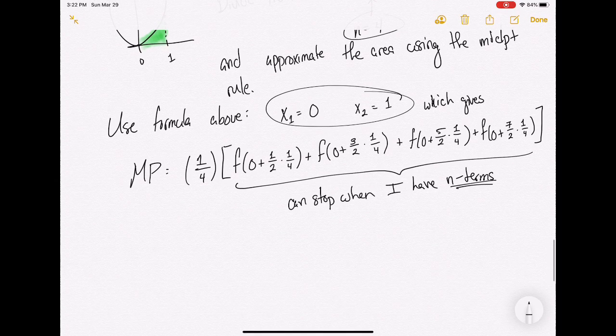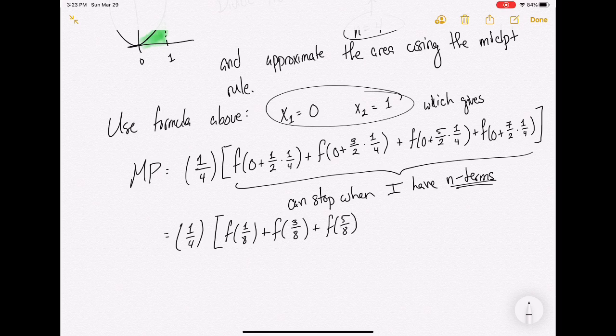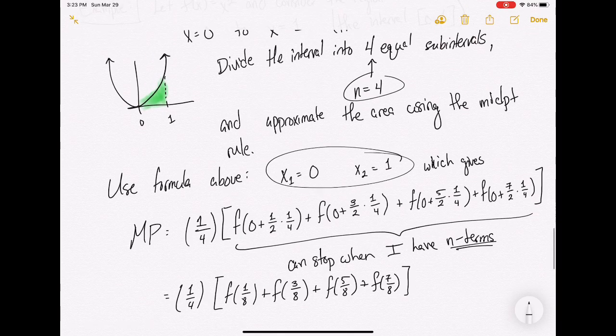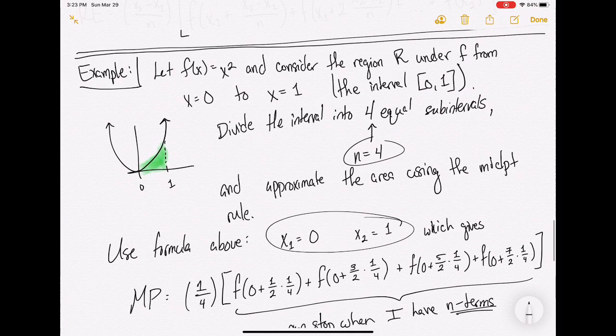So I'm going to rewrite this out. This is 1/4 times f of 1/8 plus f of 3/8 plus f of 5/8 plus f of 7/8. But what is f? We decided that f, right at the top, it told us what f was. f is x squared.